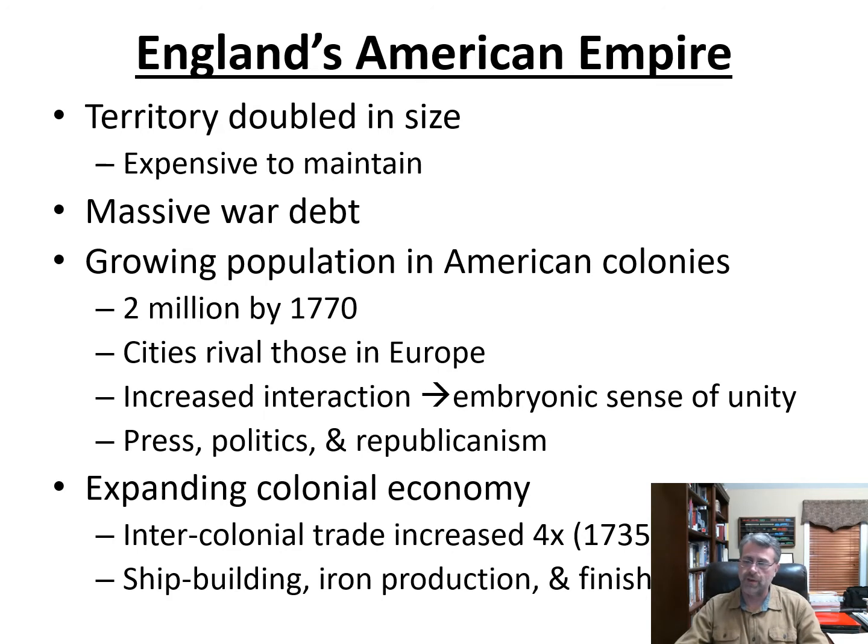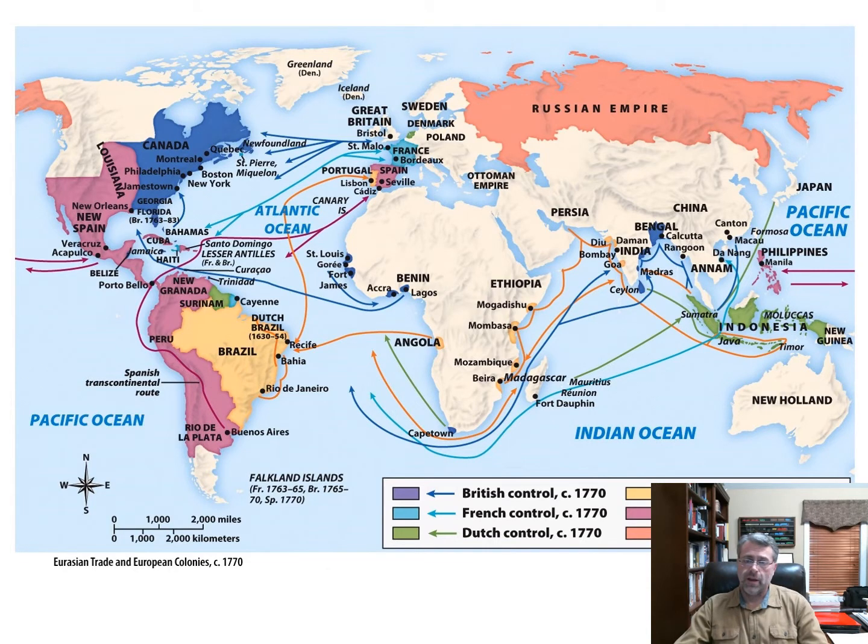They are going to have to become more directly involved in colonial affairs or risk losing their empire in terms of its economic value. When we look at a map here, we can get a better idea of how colonial North America is becoming more fully incorporated into this transatlantic trade that's been developing over the previous 200 years.